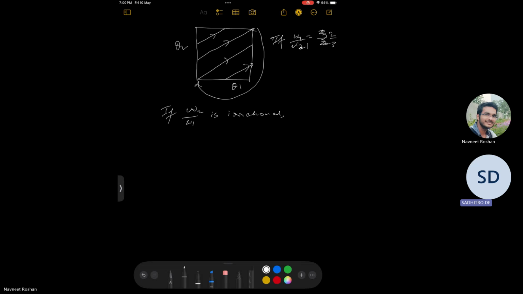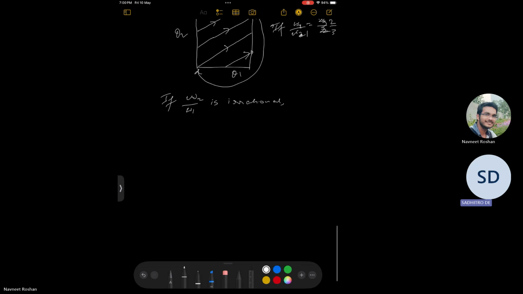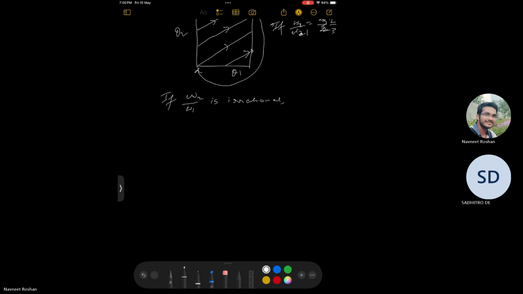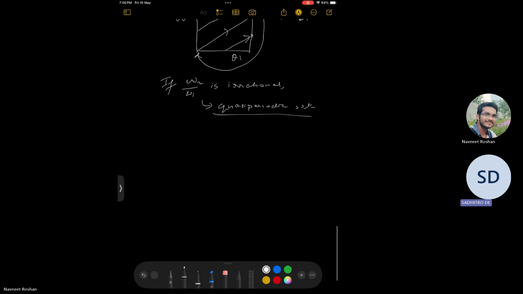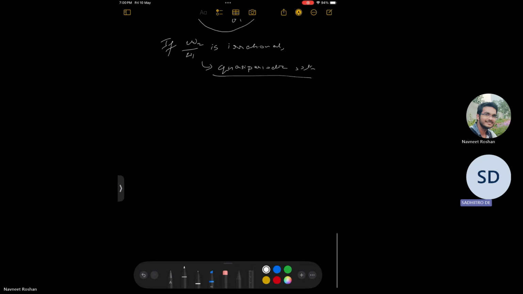That means it will keep moving in this periodic domain, and we might have two lines moving very close to each other but never quite closing in on themselves. So that is what gives me the quasi-periodic solutions. So this is the condition when the system can exhibit quasi-periodicity.